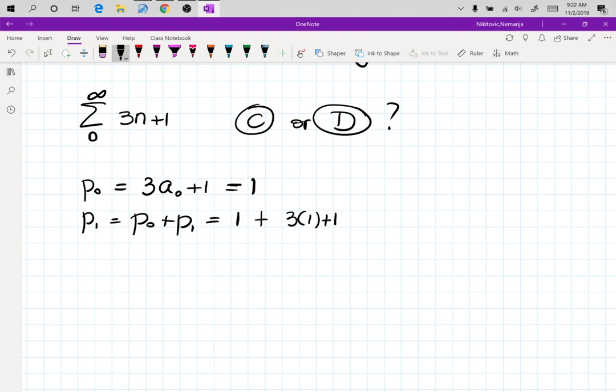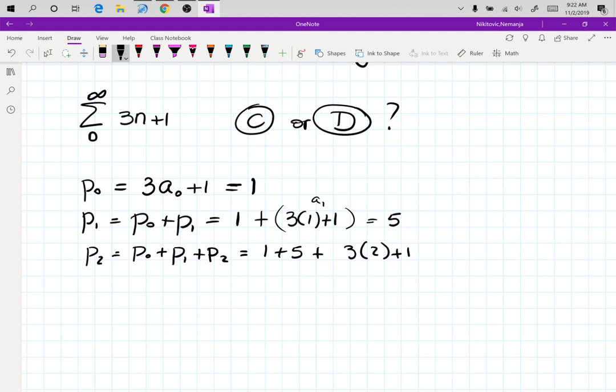So this is the new term, which is the a1 term, and that is going to be 4, 5. Then P2 is a0 plus a1 plus a2. So that's 1 plus 4 plus, and now I have 3 times 2 plus 1. So that's going to be 6, 12, 13.